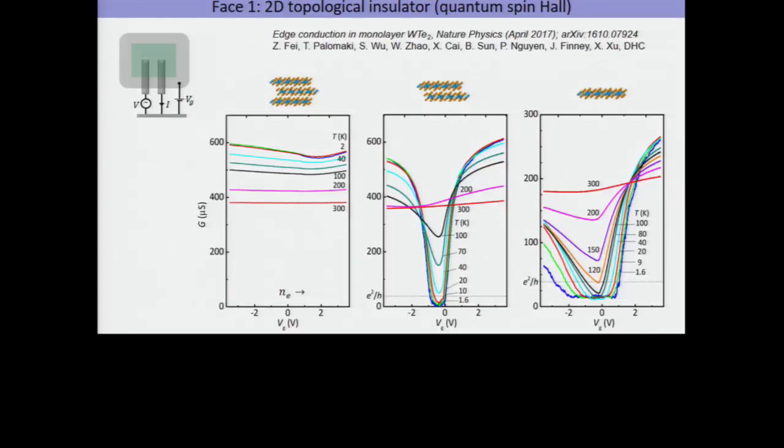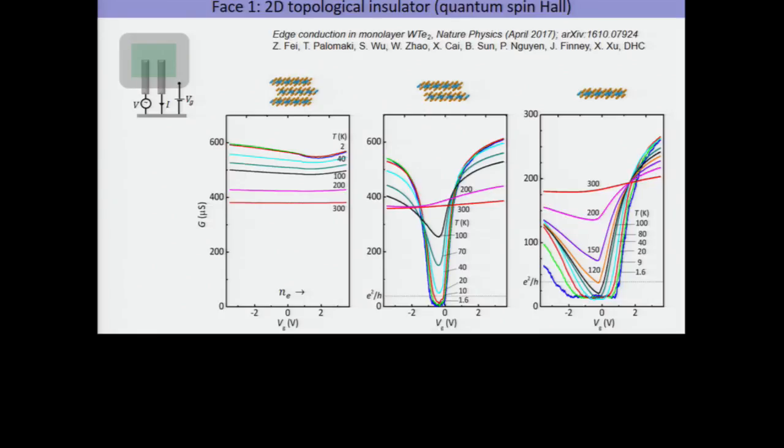Now, I'm not going to go into the full story of how we justify this because I don't have time. Unfortunately, I'll just show you a few illustrations of this. But I'm going to state that we are quite sure that this plateau of conductance is coming from pure edge conduction. In this region, all the current is flowing very close to the edges of the device, just as you expect in a two-dimensional topological insulator.